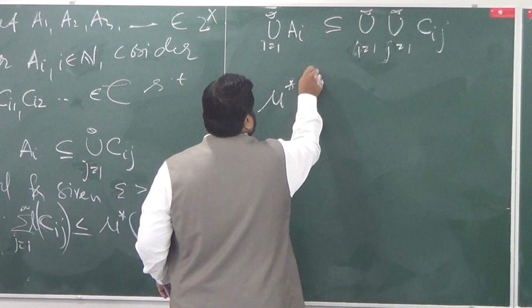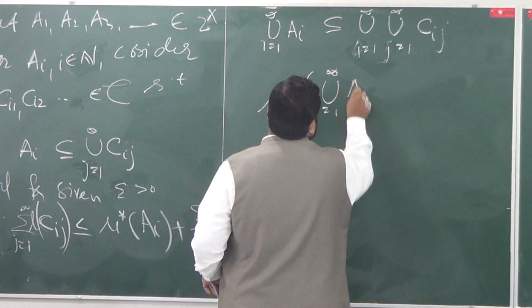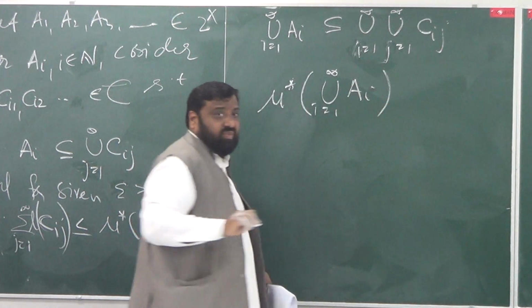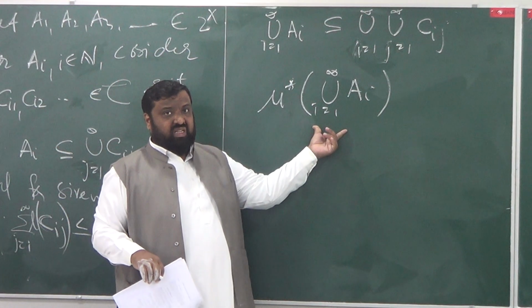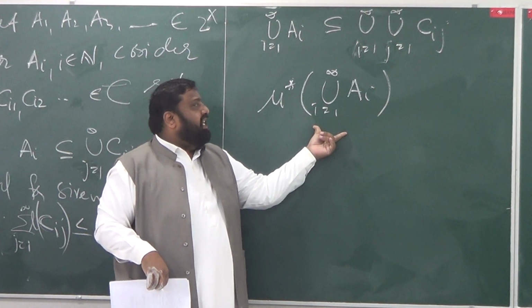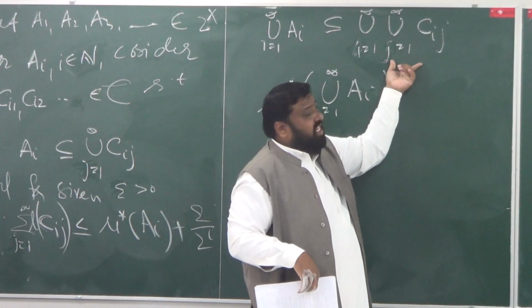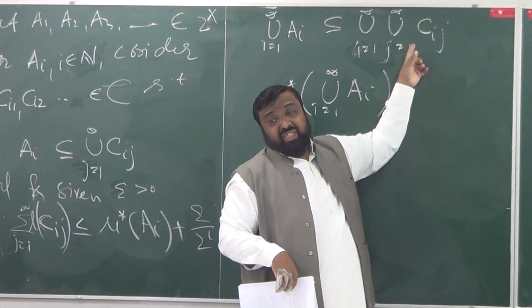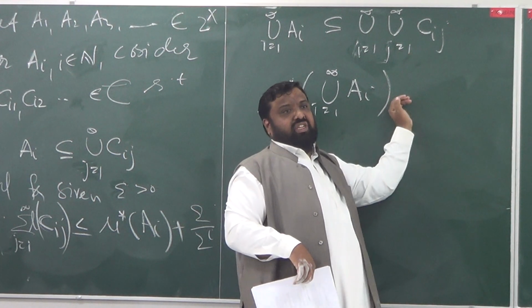How about mu star of the union of i equal to 1 to infinity of Ai? Because this is an infimum, it must be less than or equal to the sum of the lengths of these Cij's actually.